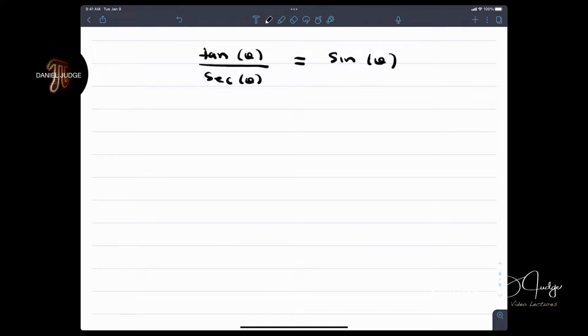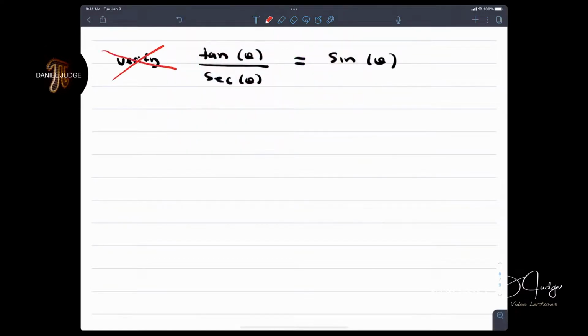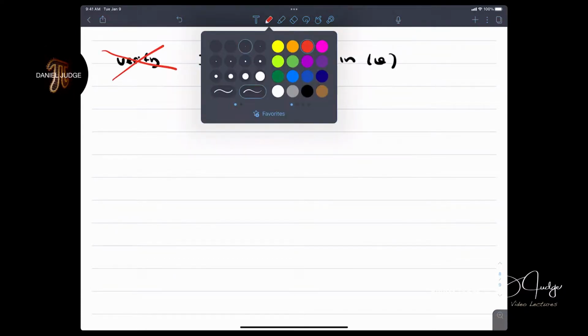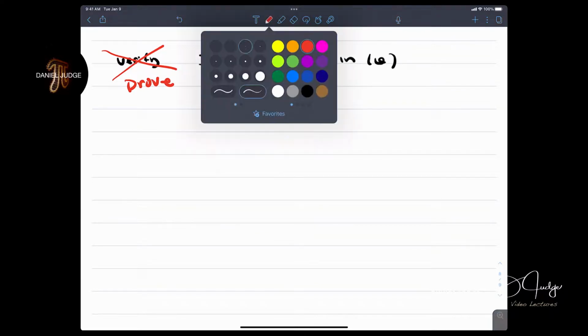Now, your text says to verify this. I don't think that's a good word. I'm going to do what you're really doing. You are proving these identities. You're proving this.